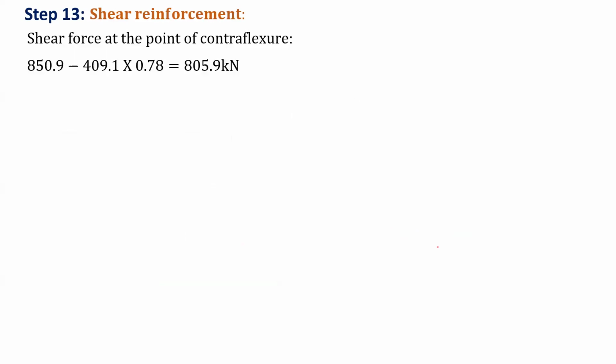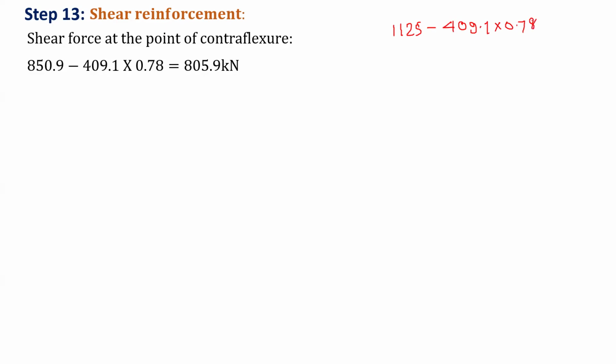Then shear reinforcement, we have to find shear force at point of contraflexion. And how we will find this? So you can have 850.9 value of shear force, or you can have 1125, and where we have that contraflexion, so into 0.78.